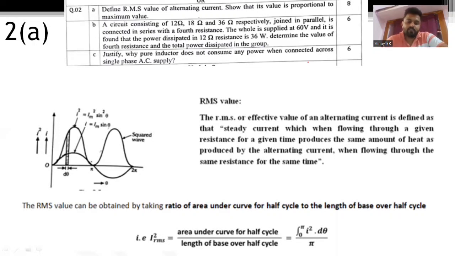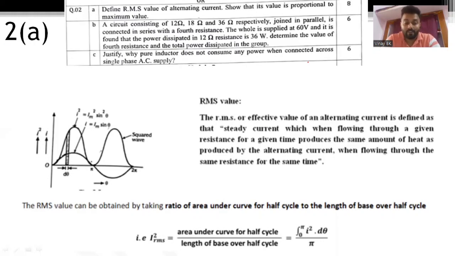Most of the students, when they see the RMS value question, get excited, skip the definition, and directly start to write the derivation. So remember that if they ask it for 8 marks, the definition carries 2 to 3 marks.